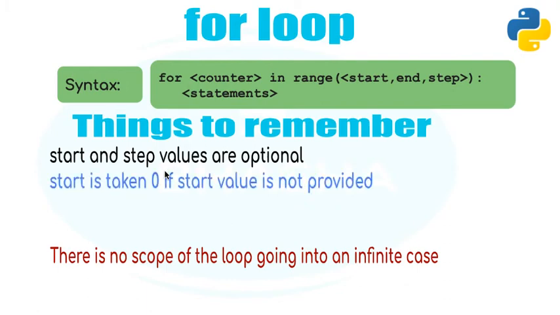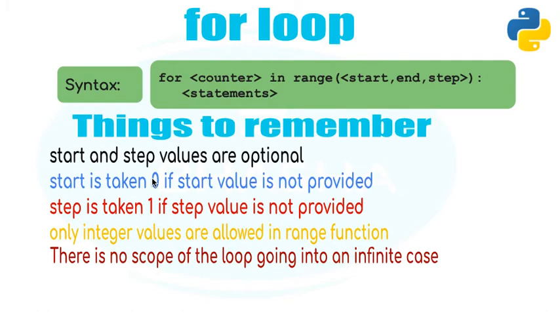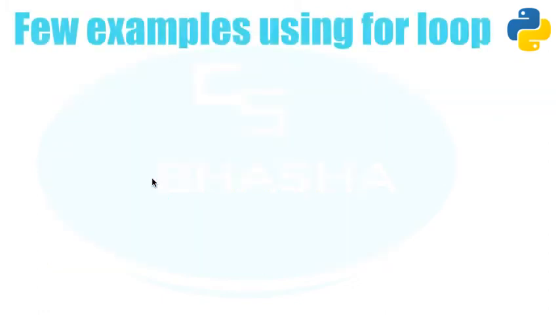Second, if the start value is not provided, it is taken as 0. I've just shown you that. Similarly, if the step is not provided, it is taken as 1. Again, that has been shown in the previous example. Now, the most important thing is that only integer values are allowed in the range function. So if you try to use a floating point, we have seen that it is going to generate some kind of error. So let's see a few examples using the for loop.